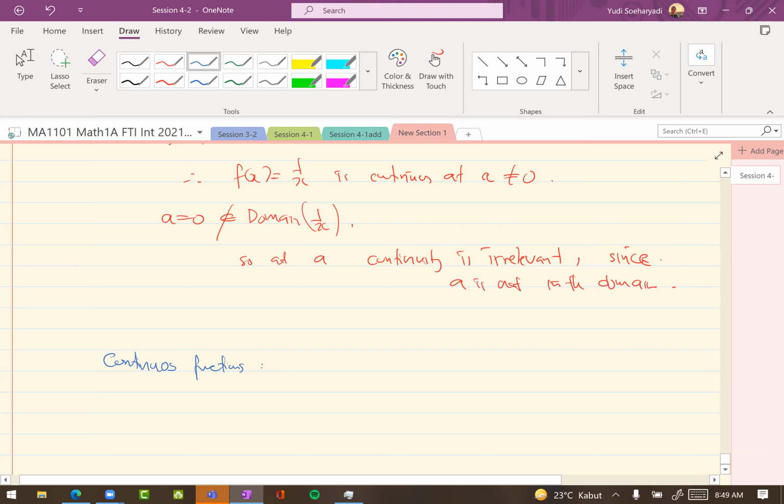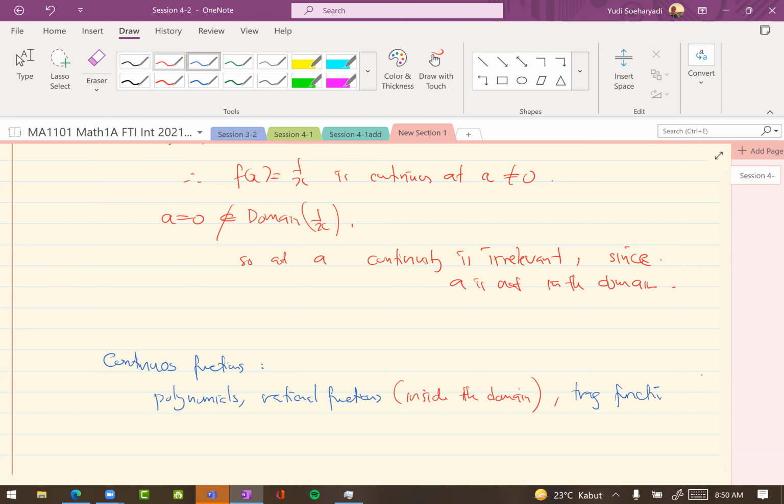We have polynomials, rational functions inside the domain, trig functions also inside the domain, root functions, and absolute value.